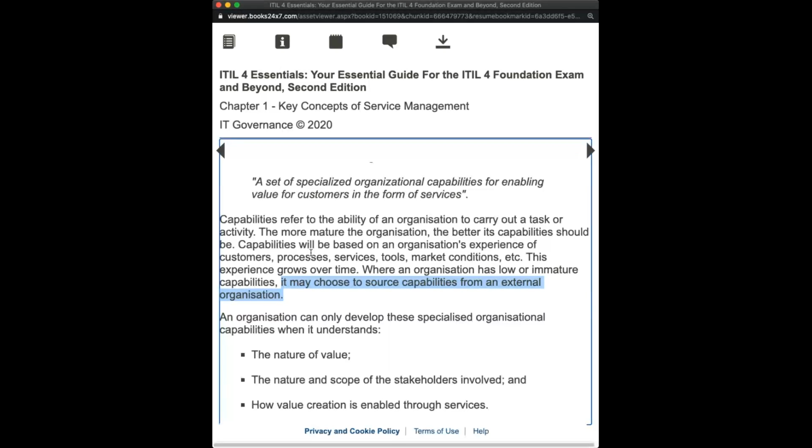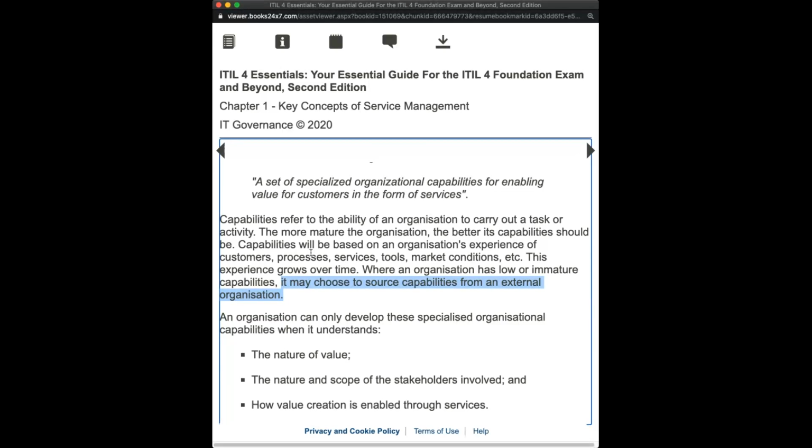This is especially true if you have organizations that are small and don't have a lot of resources, but they do want a more mature service management. So they can basically hire a third party or an external organization to do that for them, right?